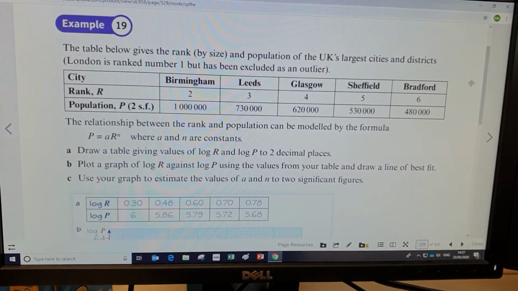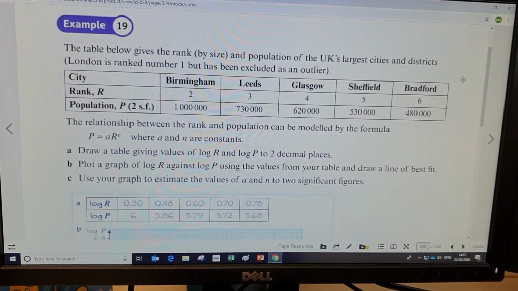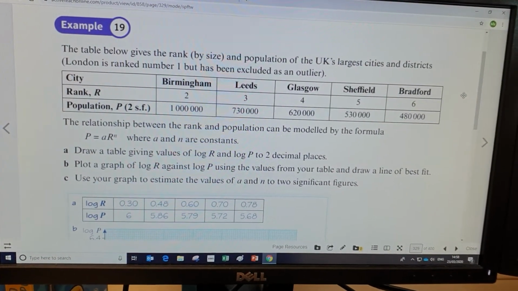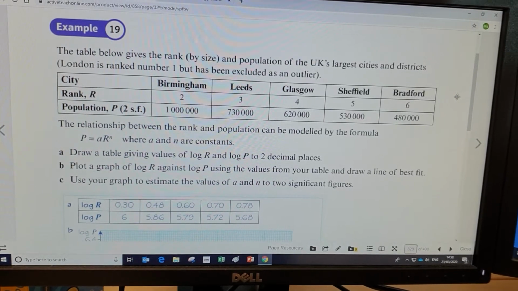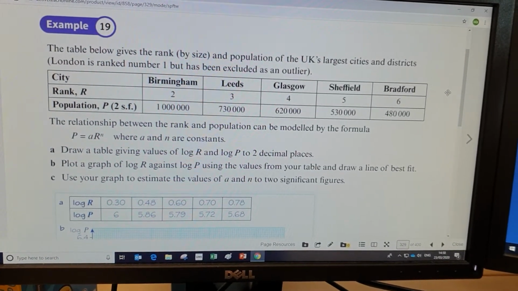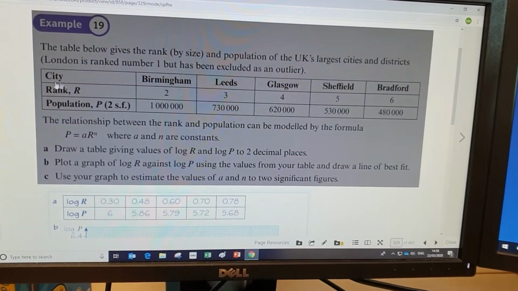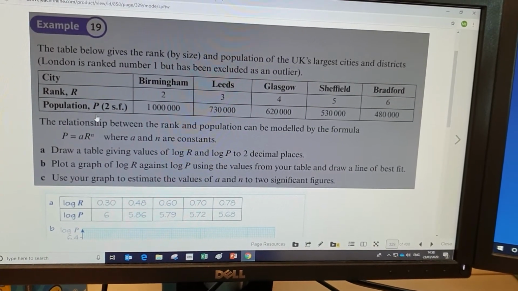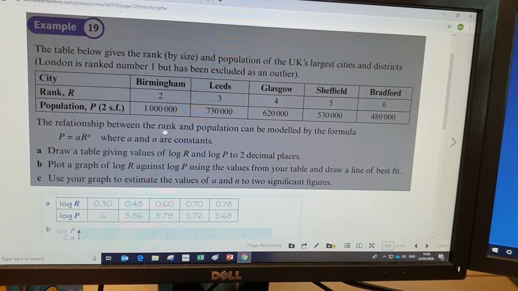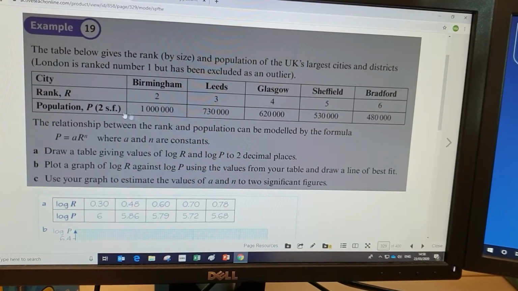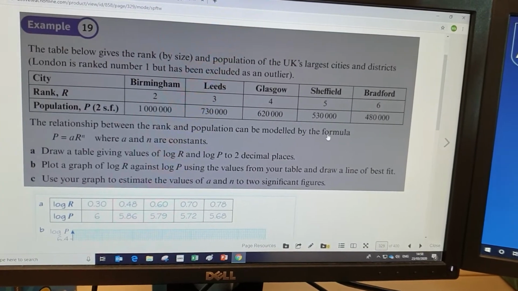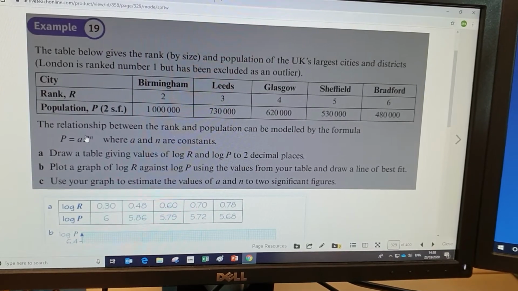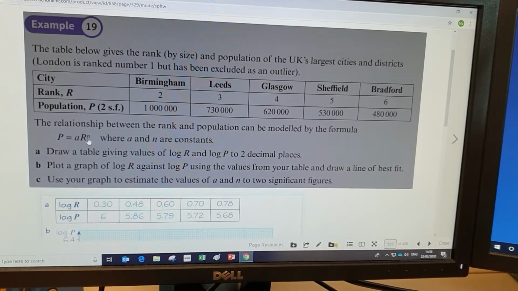So if we have a look at an example of case 1, we've got a table here that gives the rank and population of the UK's largest cities and districts. And we've got rank as a variable R and population as a variable P. And this relationship between the rank R and the population P is being modelled by the formula P equals A, which is just a constant, times R to the N, which is just a constant.